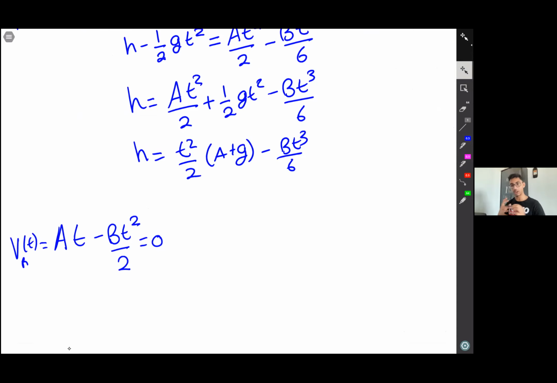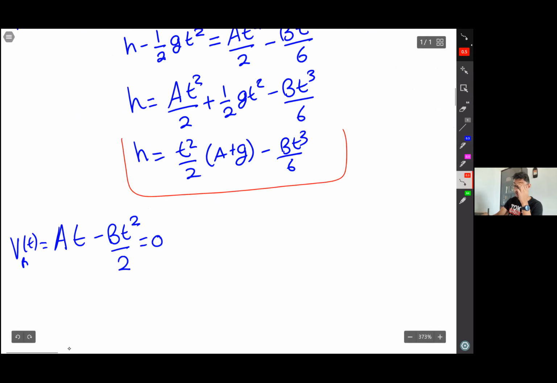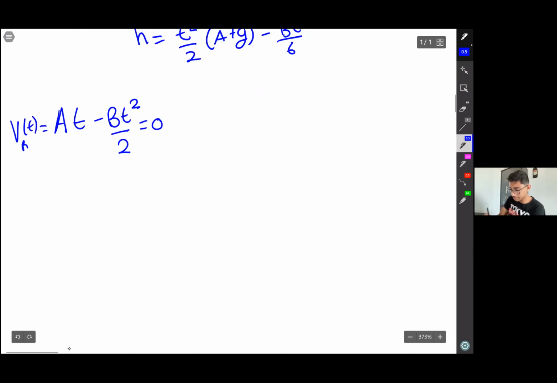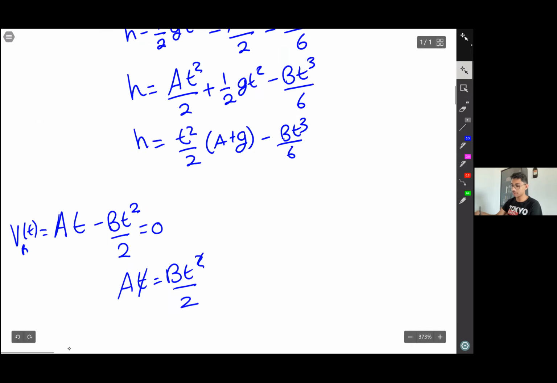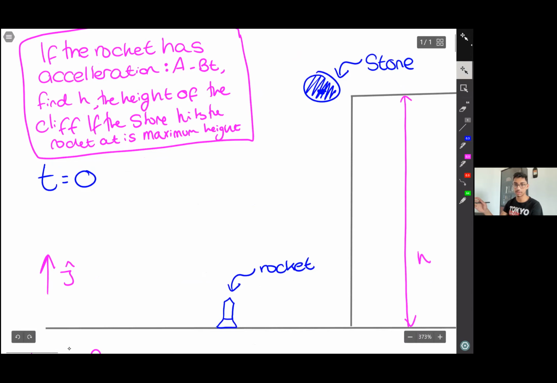We can get an equation for t, and then plug that back into the equation for height in the t squared and t cubed terms. So let's rearrange this a bit. We get at is equal to bt squared over 2. Now, we can cut out a t, because we know t is not going to be 0, as at time t equals 0 the rocket and stone obviously haven't collided.